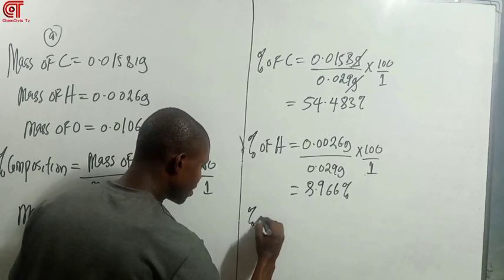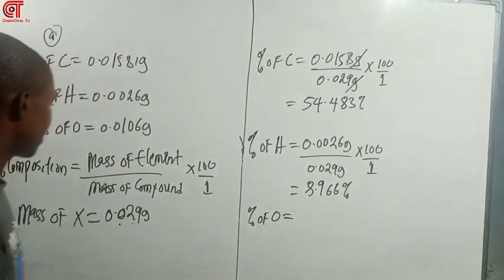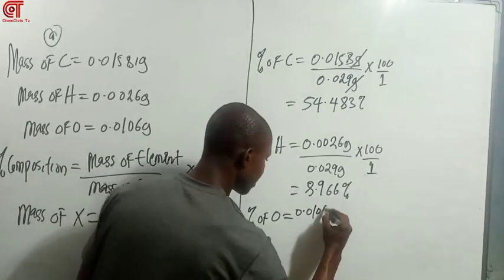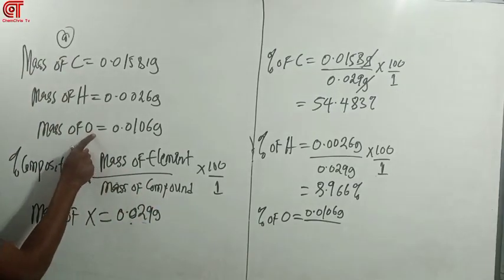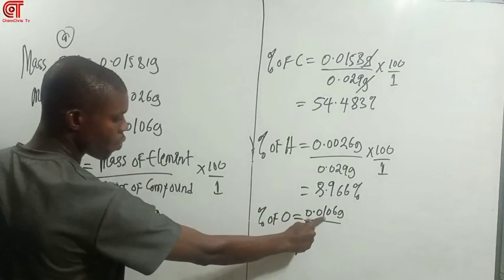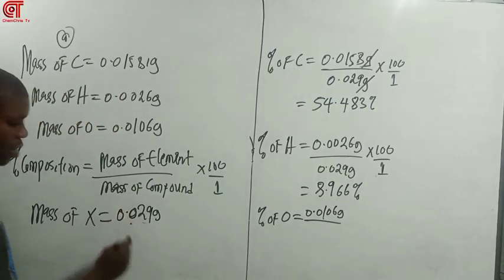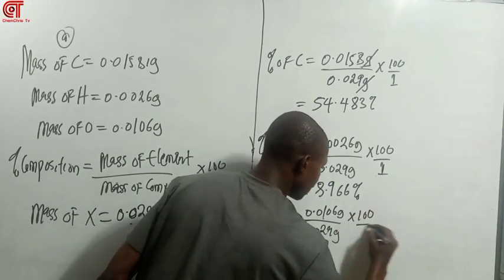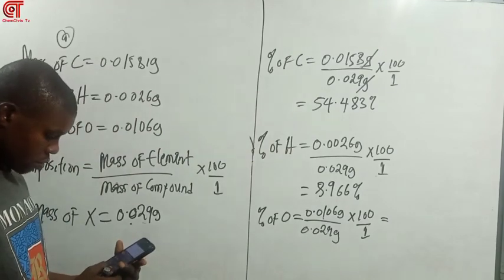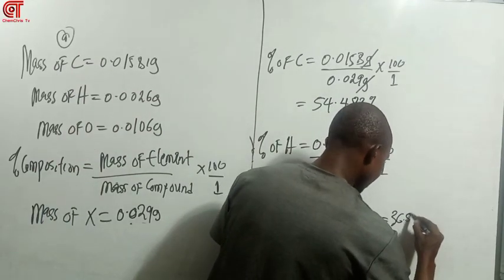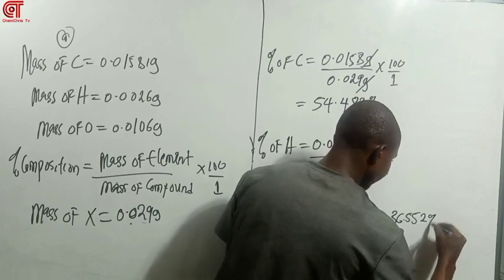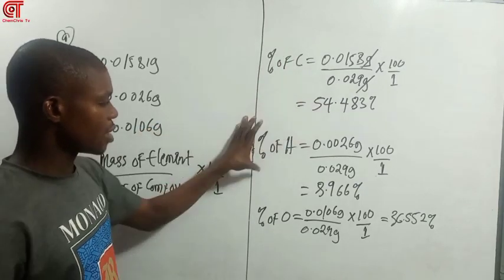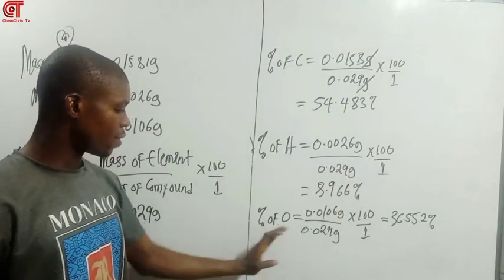Now the percentage of oxygen: mass of oxygen is 0.0106 gram over 0.029 gram times 100 over 1, which gives 36.552%. So this is my percentage of carbon, this is my percentage of hydrogen, and this is my percentage of oxygen.